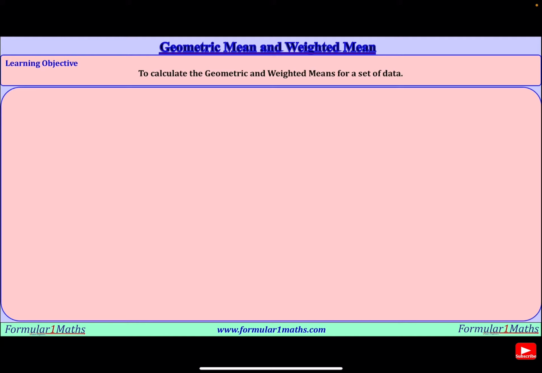In this lesson, we are going to learn how to calculate the geometric mean and the weighted mean for a set of data. The geometric mean of n values is defined as the nth root of the product of the n values.